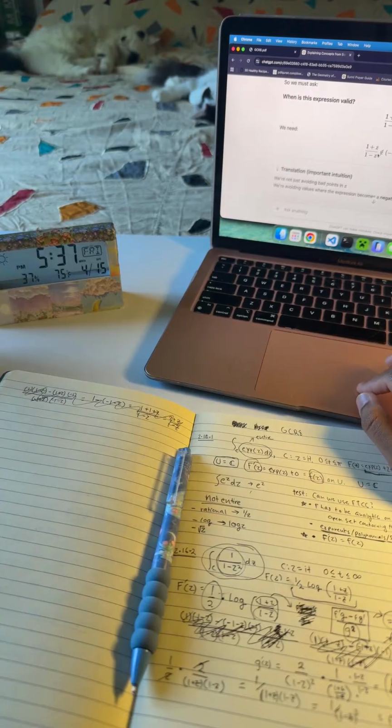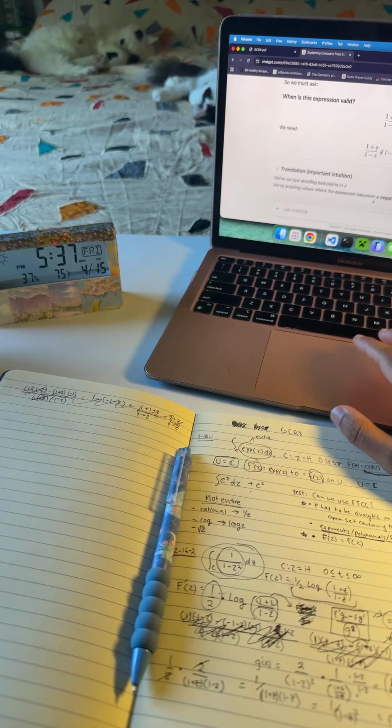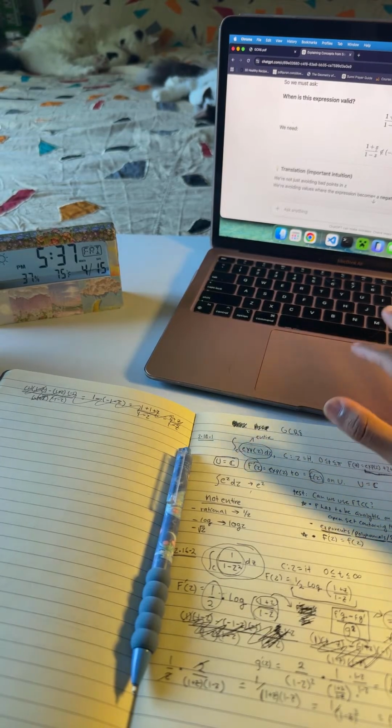If the denominator z is greater than 1 or 0 or greater, and if the numerator z is less than 1 or less than 0.